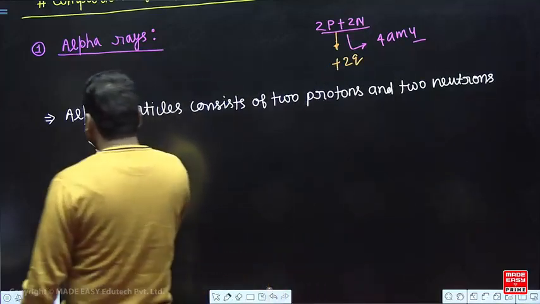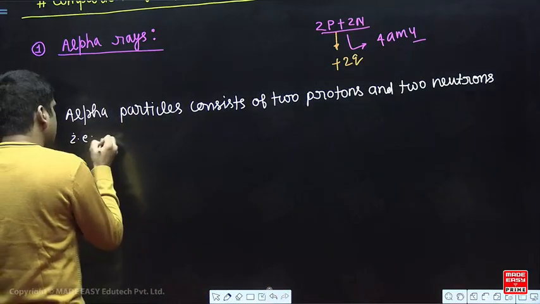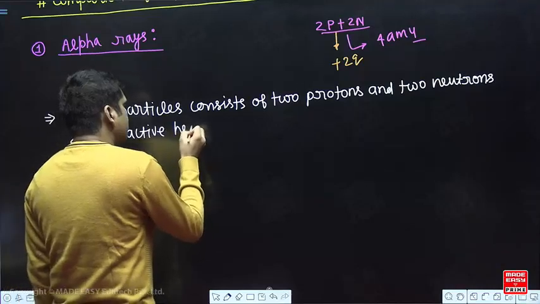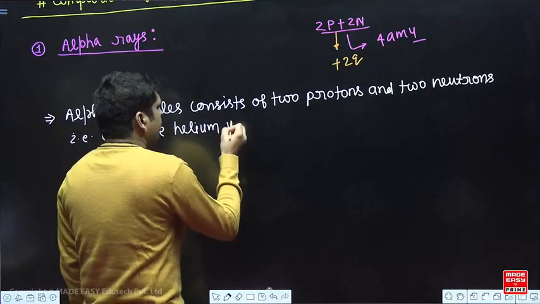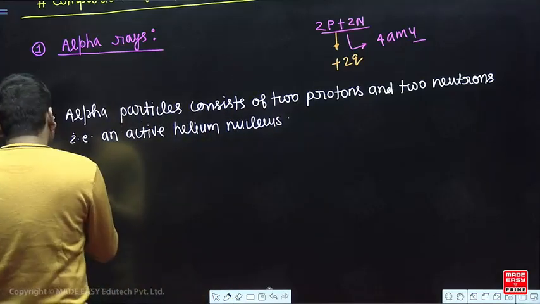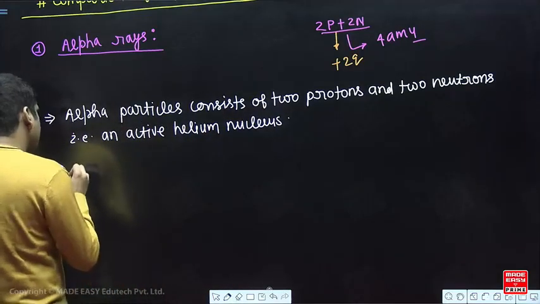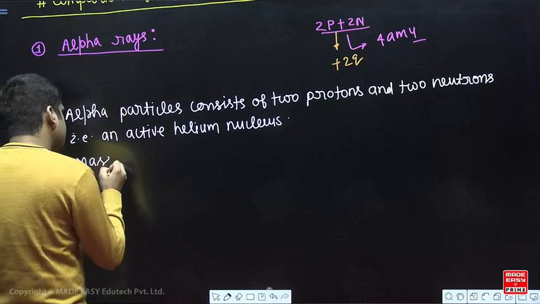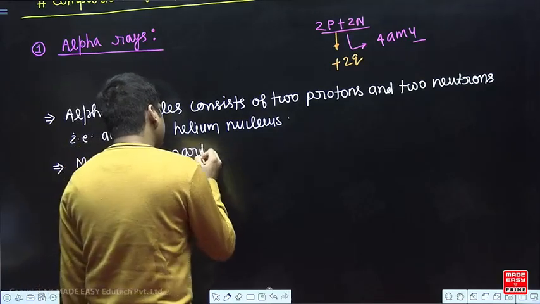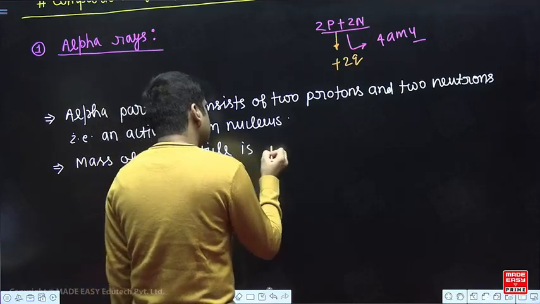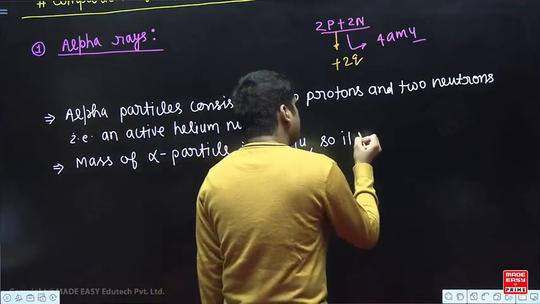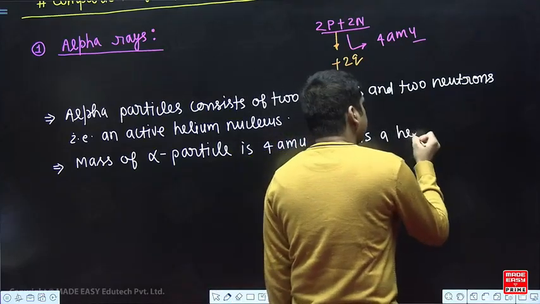That is an active helium nucleus. The mass of an alpha particle is 4 amu. So it is a heavy particle.